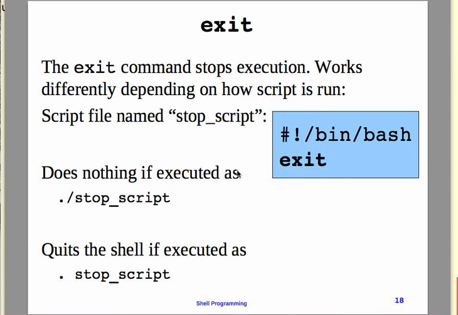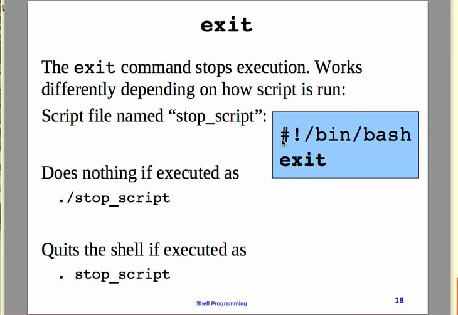Well, if you run this the way I would like to see everyone run scripts in the lab, you have this first line, this comment that says the interpreter for this program is /bin/bash, and then you make the script executable. Then you can run it like this, let's say you called it stop script. This program doesn't do anything. All it does is start up, and bash says the first line of code is exit, so I stop. Even if you have lines of code after this, nothing happens. It just ends the script right there.